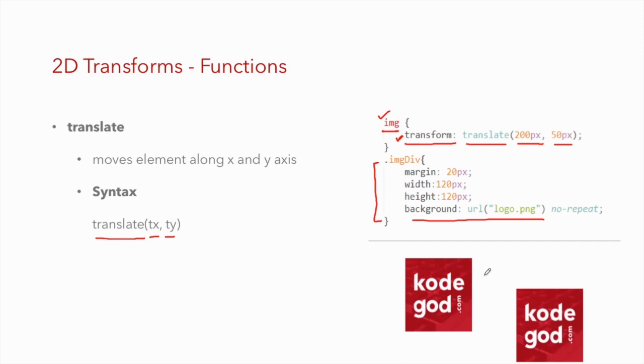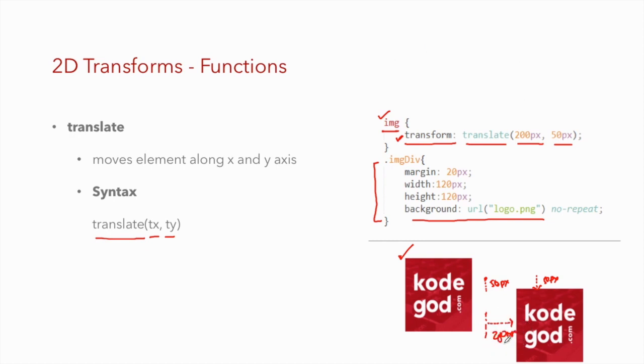Let's say this is the original location. The image will initially be displayed like this, and if this is your original location, then we are shifting that image 50 pixels on the y-axis. So this becomes your 50 pixels, and on the x-axis you are shifting the image by 200 pixels.